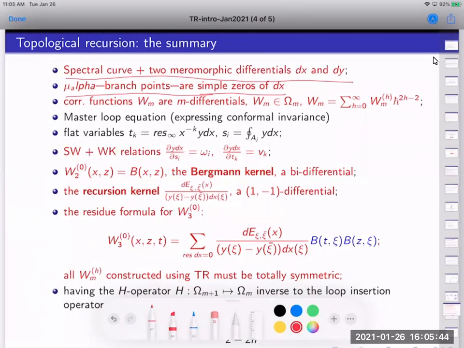Correlation functions, actually not functions but differentials, admit the asymptotic expansion. And then we have some details: master loop equations, a set of variables, Seiberg-Witten and Whitham-Krichever relations. These are, of course, also very important conditions.